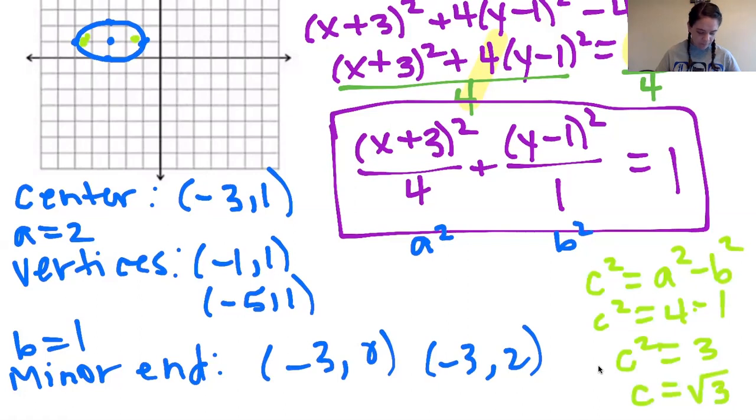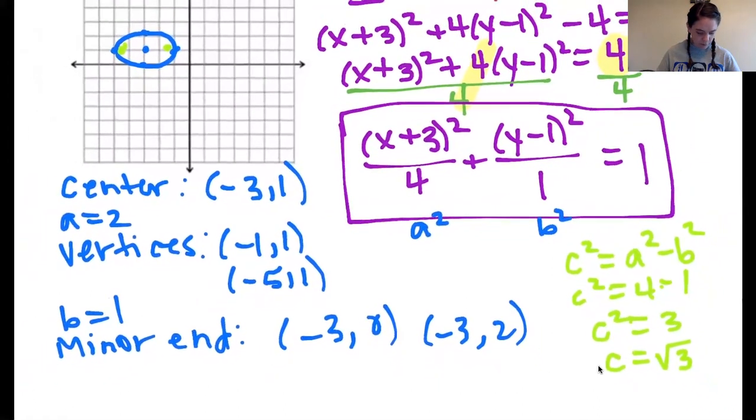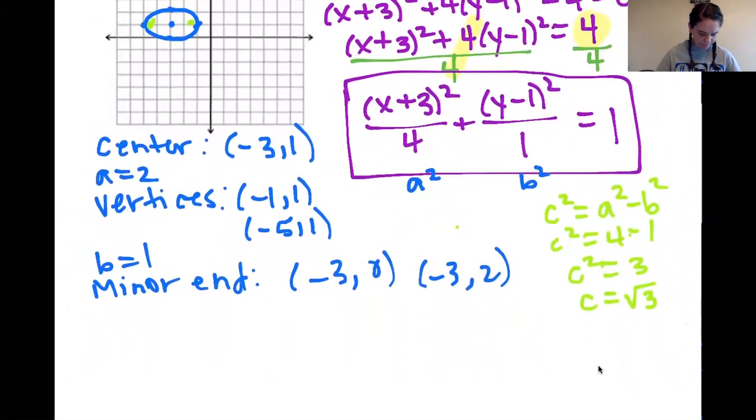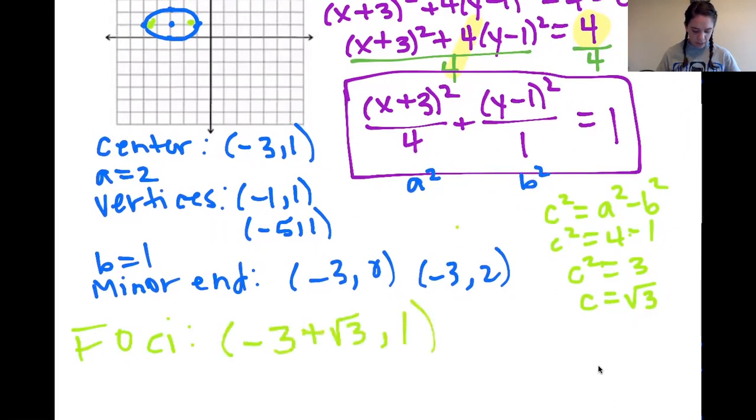Now, you may be wondering, oh, Mrs. Homan, how are we going to write those foci? From our center, we went to the right radical 3, and from our center, we went to the left radical 3. So from my center, I added radical 3 to the x-coordinate since we went to the right.